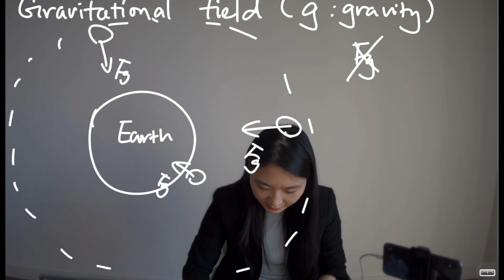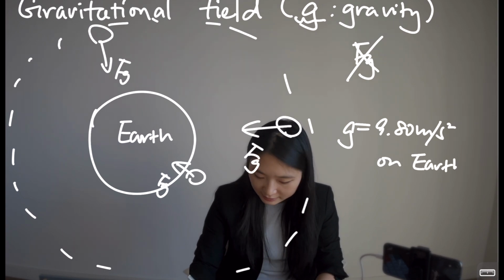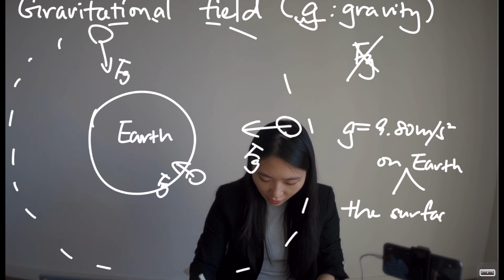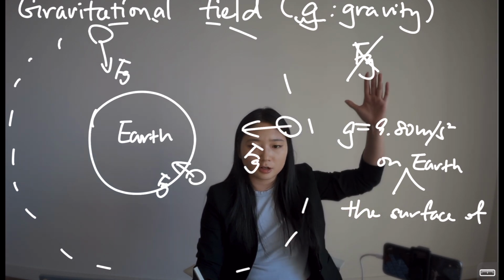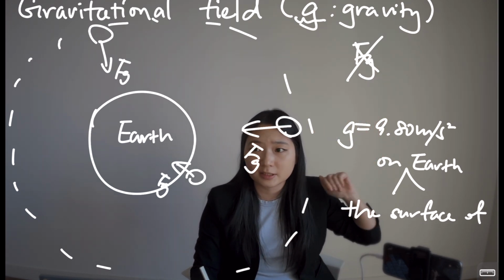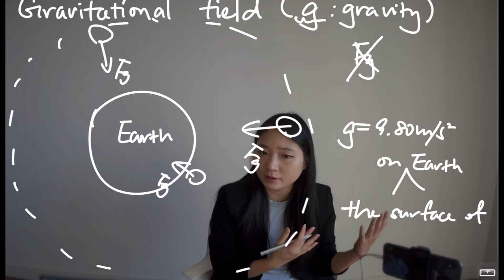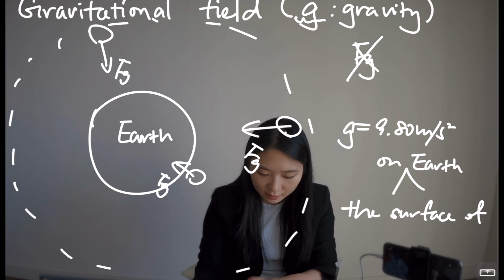We learned that g is simply 9.8 meters per second squared on Earth, but that's not completely correct. That's only right at the surface of the Earth. If you are up in the air, not on the surface, then the gravitational field you experience is not going to be 9.8 meters per second squared. Well, how do I calculate that?